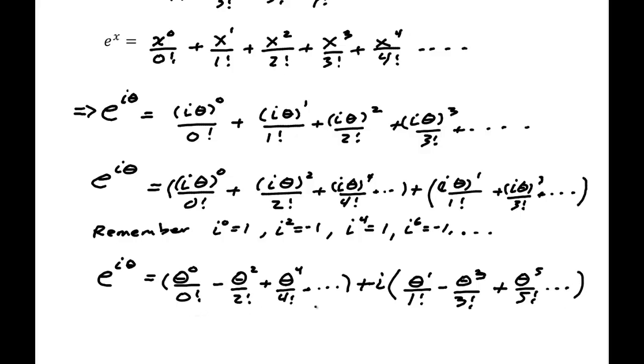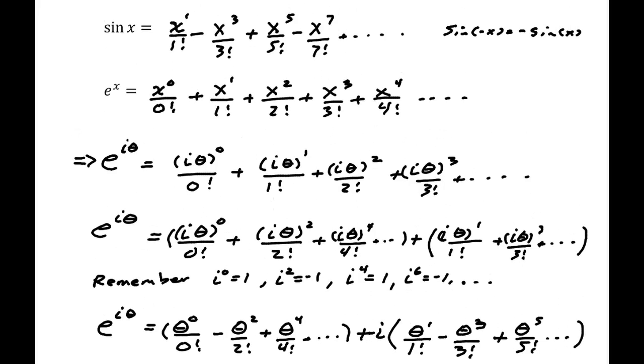Now I look at this, and I say, hey, hold it. If I look at that term, that's exactly the same as this, except instead of x, I have theta. Go back up one higher.